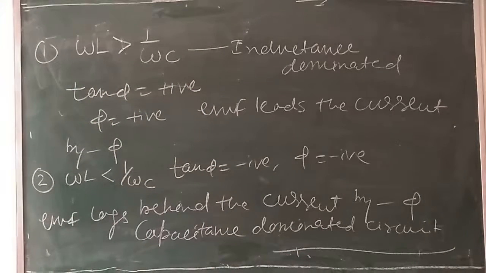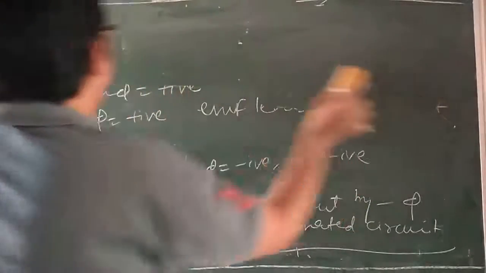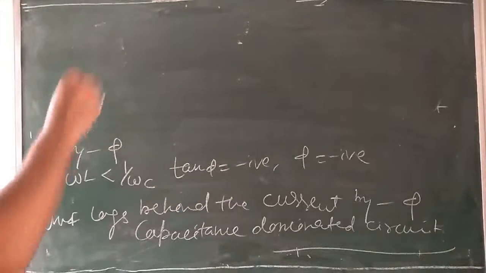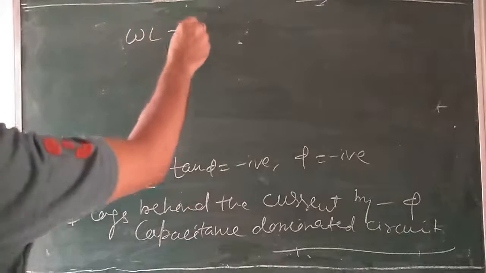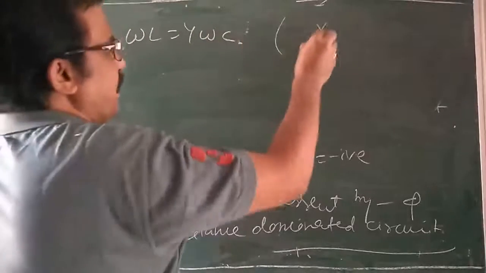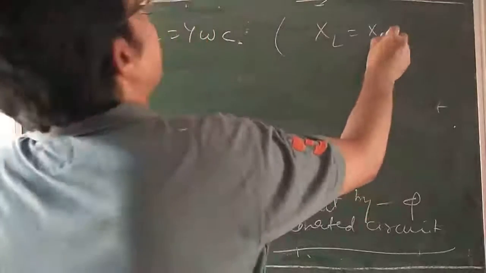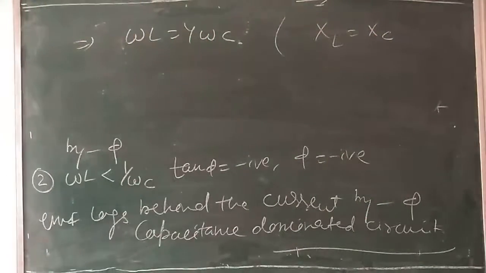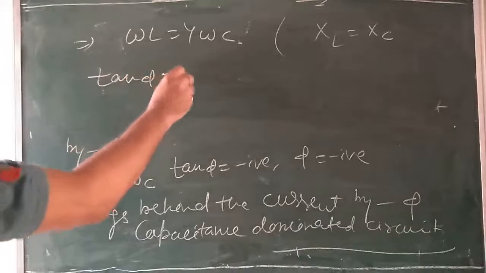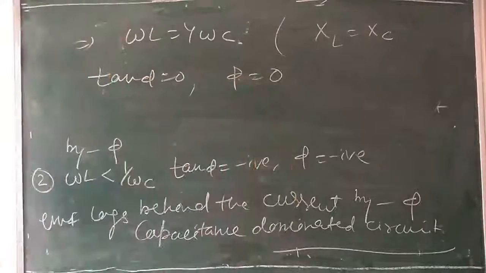And in the third case, where I put omega L is equal to 1 by omega C, that is when XL is equal to XC. So in the third case, tangent of phi is equal to 0, so I can say phi is equal to 0.